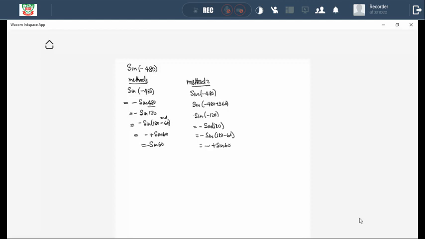If you look at it, sine of 180 minus 60 is in the second quadrant. What is sine in the second quadrant? It's positive. That's why I'm now saying plus sine 60. Negative times positive would give you negative sine 60, which is basically the same as that. Okay, right. That's how one can simplify your negative angles.